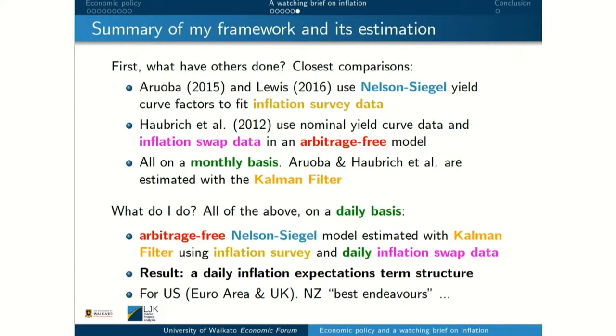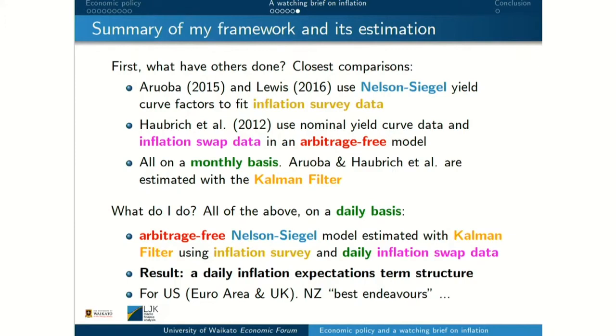But I will skip to the chase by saying, and this is going to be a great headline if anyone wants to put it in the media, what I've done is an arbitrage-free Nelson-Siegel model estimated with the Kalman filter using inflation survey and daily inflation swap data. So that'll fit nicely across the top of the Waikato Times. But more easily, I've just basically taken my yield curve modelling that I've done on interest rates and applied it to inflation data.